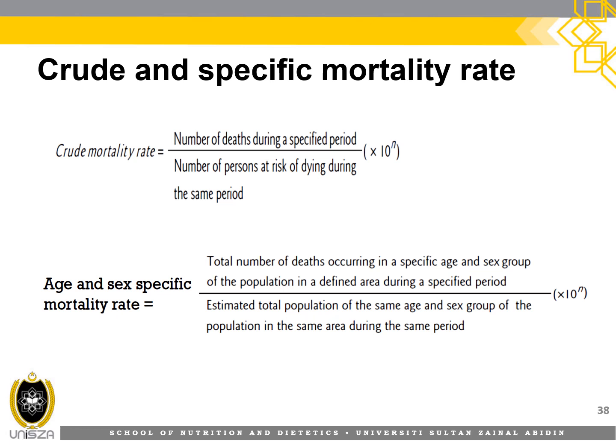This is equal to the total number of deaths occurring in a specific age and sex group of a population in a defined area during a specified period divided by the estimated total population of the same age and sex group in the same area during the same period.